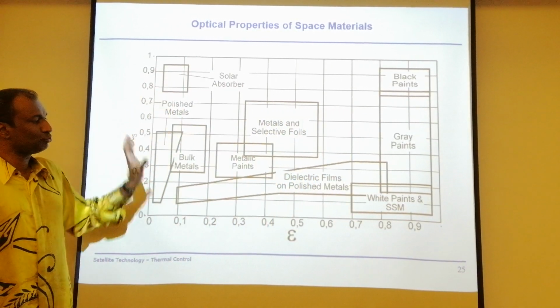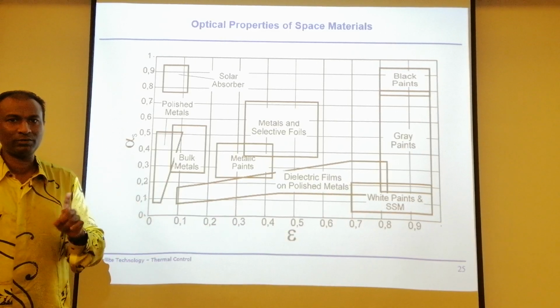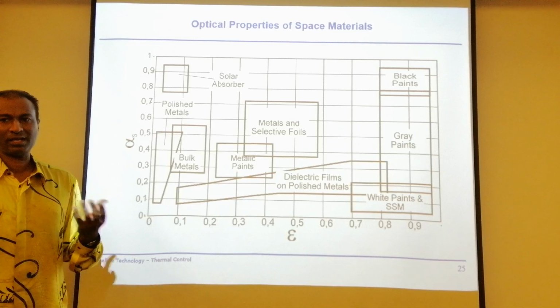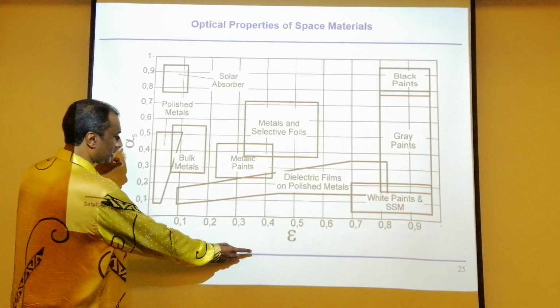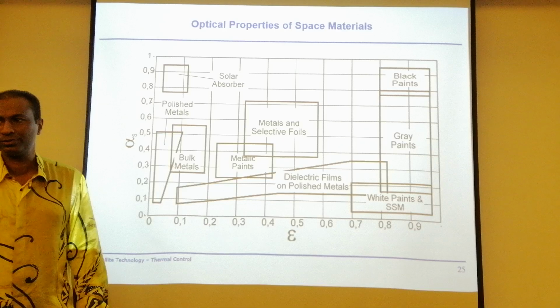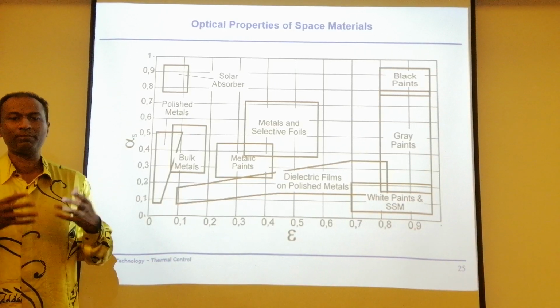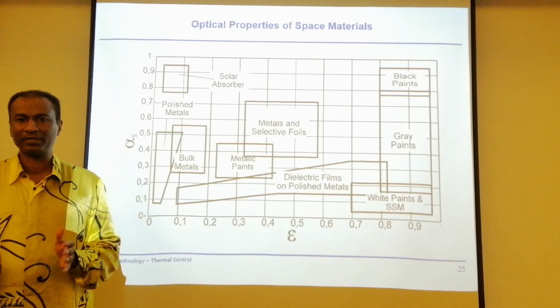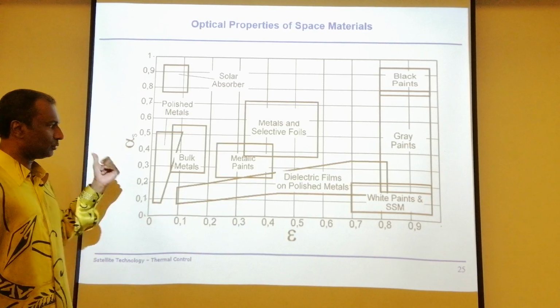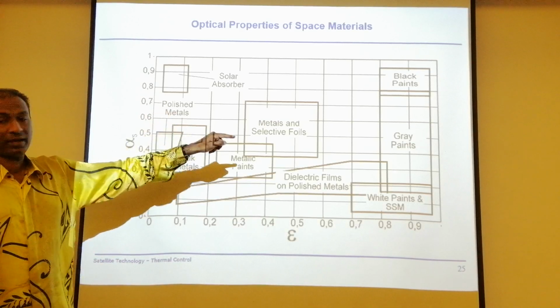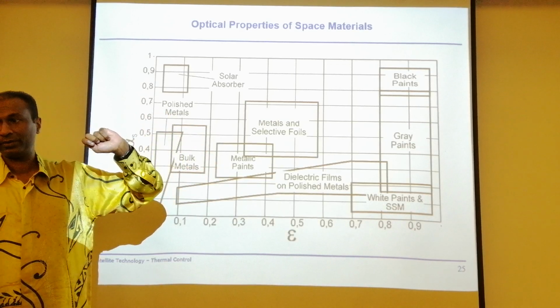So these are the two parameters that are very important when you do thermal control design. You will see in our exercises, these are the two parameters that we always use to calculate the temperature build-up, or even the actual amount of heat generated within the spacecraft or satellite. This should be given because we should specify what kind of surfaces we are dealing with.